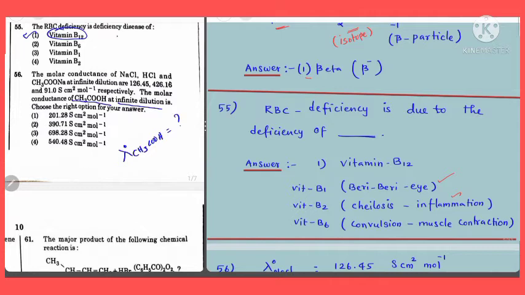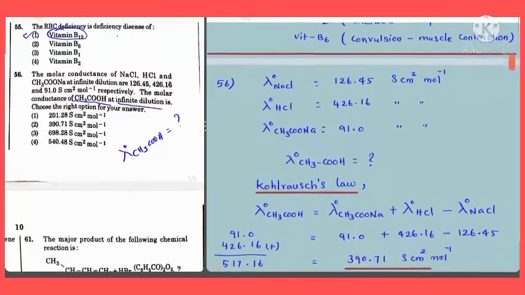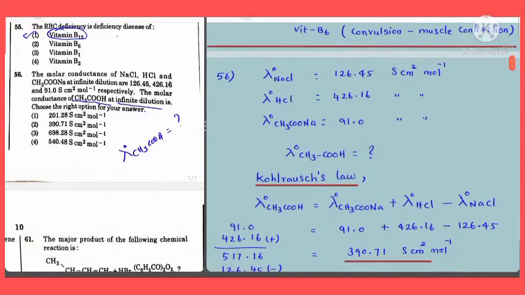This question is solved based on a law called Kohlrausch's law. Acetic acid is a weak acid, so it is a weak electrolyte. For strong electrolytes, the molar conductivity at infinite dilution is the summation of the molar conductivity of cation and anion.